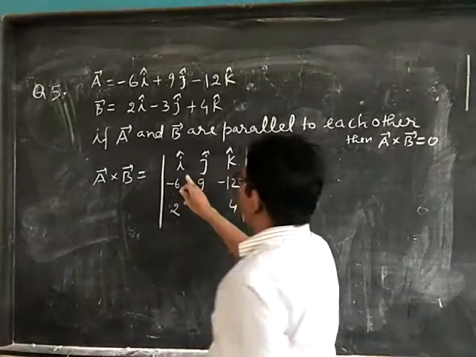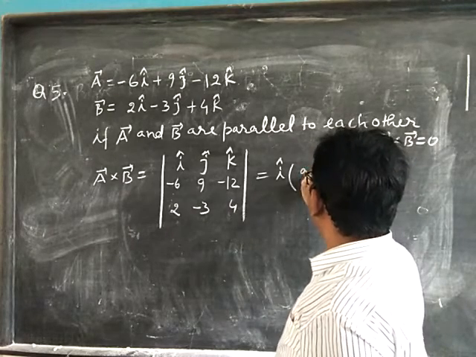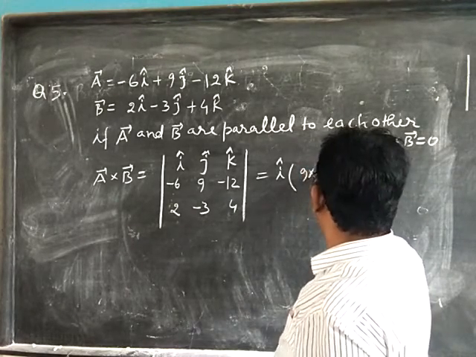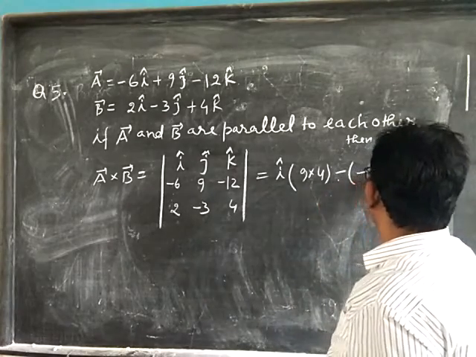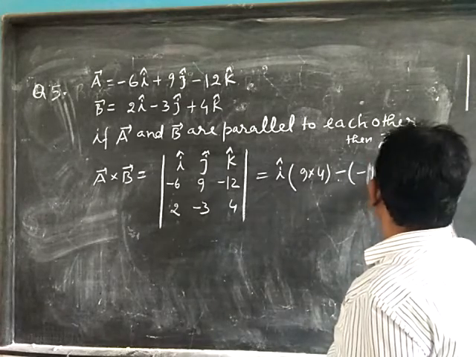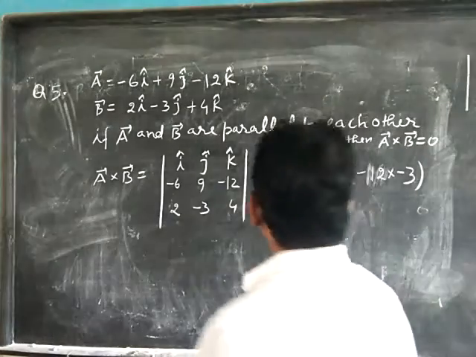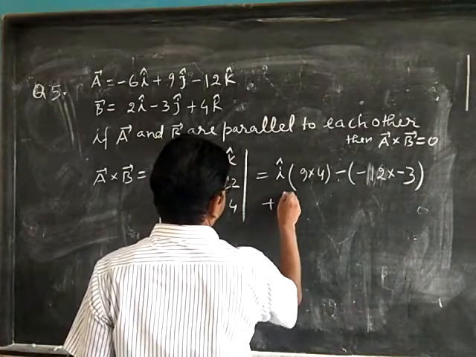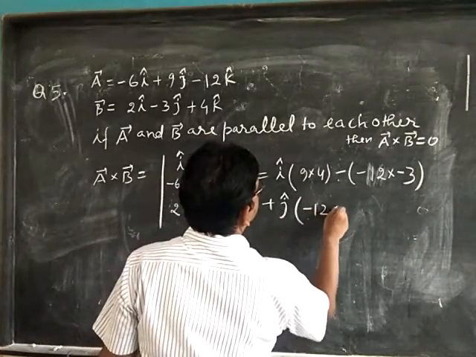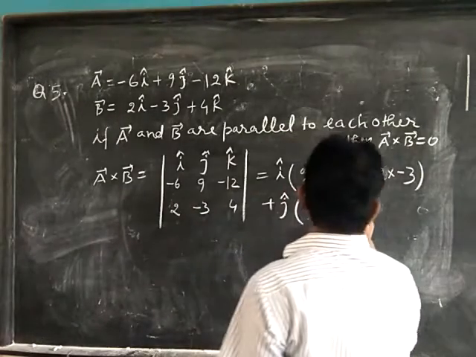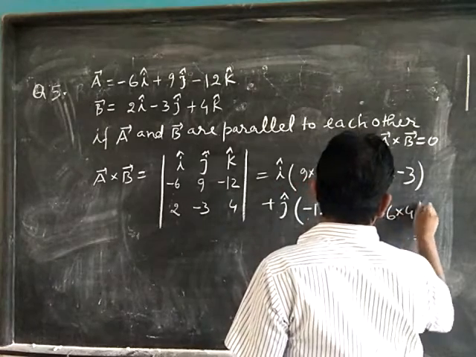That is, for i, 9 into 4 minus 12 into minus 3. For j, plus unit vector j, minus 12 into 2 minus 6 into 4.